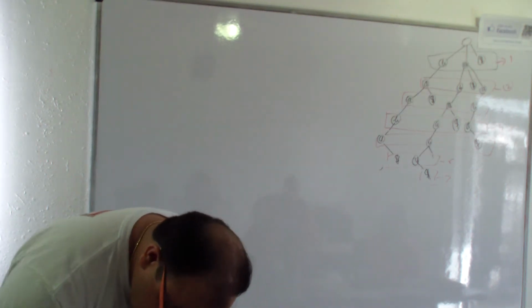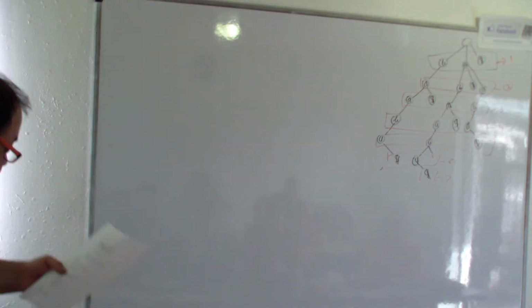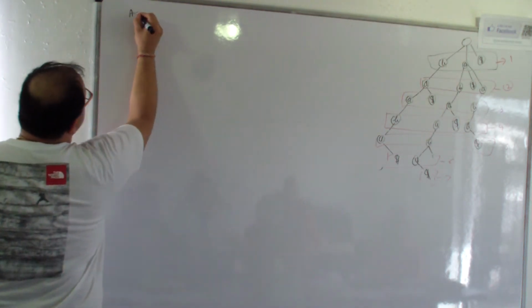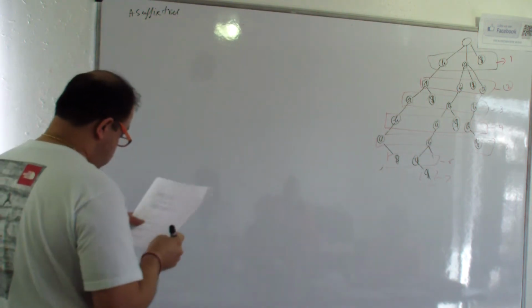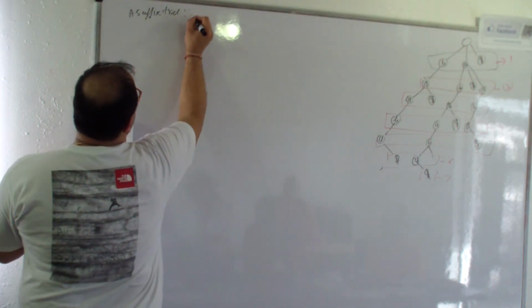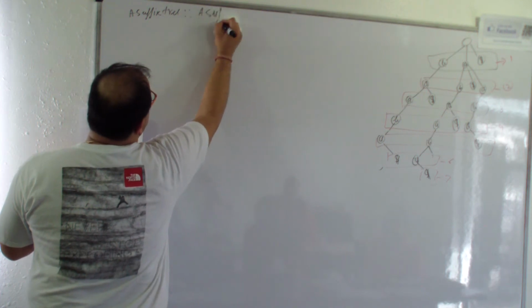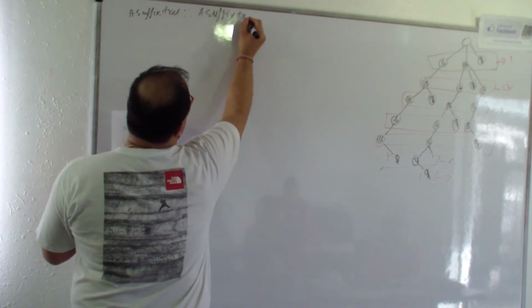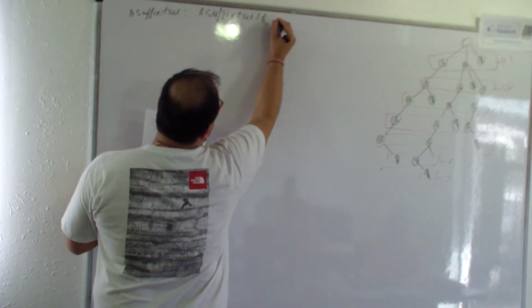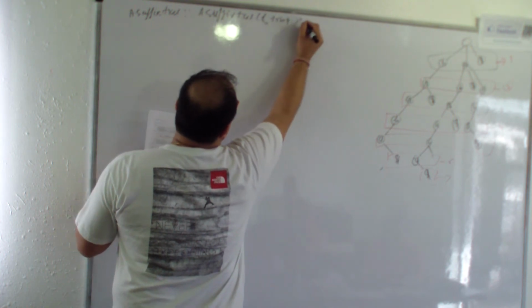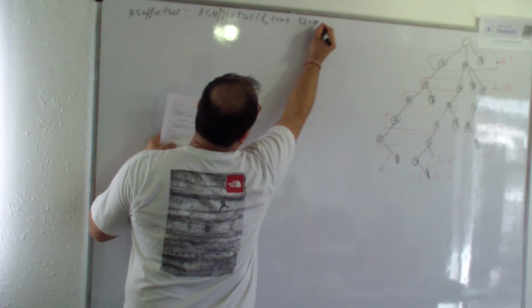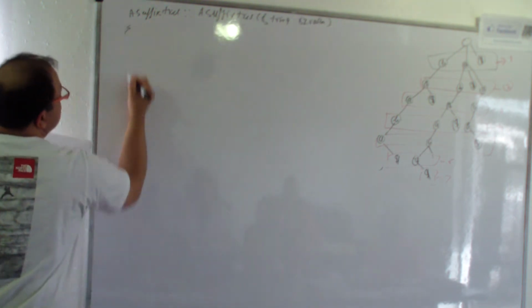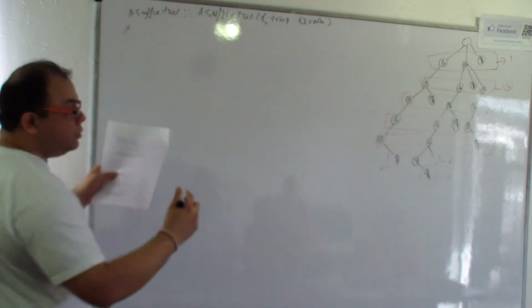Here's the suffix tree constructor: suffix tree, string value. First I will create a root.